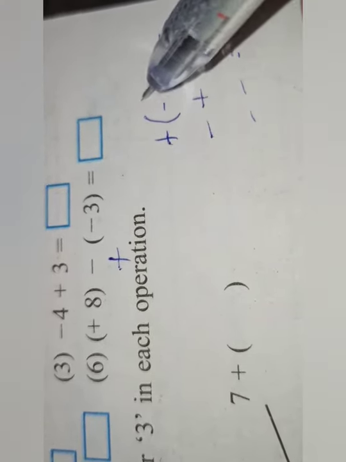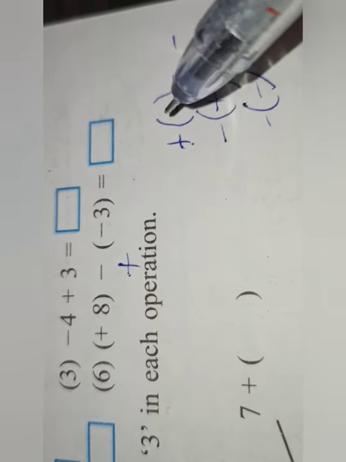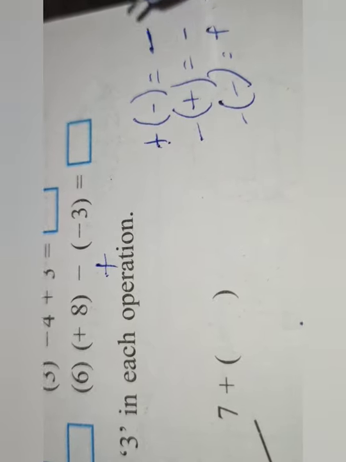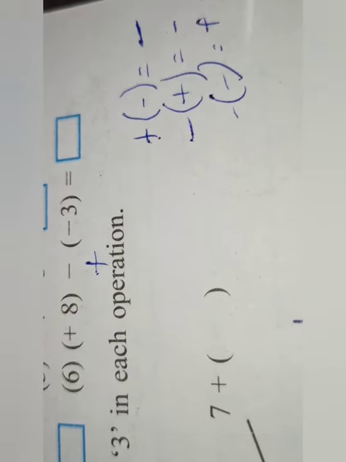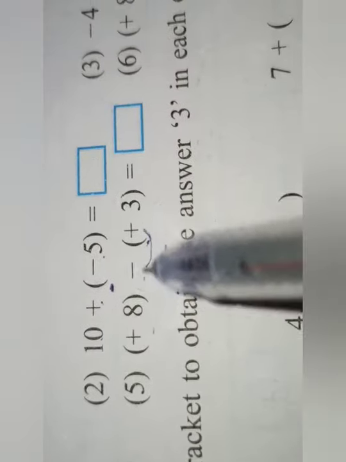Okay, remember this: if here is plus and in the bracket there is minus, then it is taken as minus; minus in the bracket plus, minus; minus minus, plus. Okay, so just complete it.